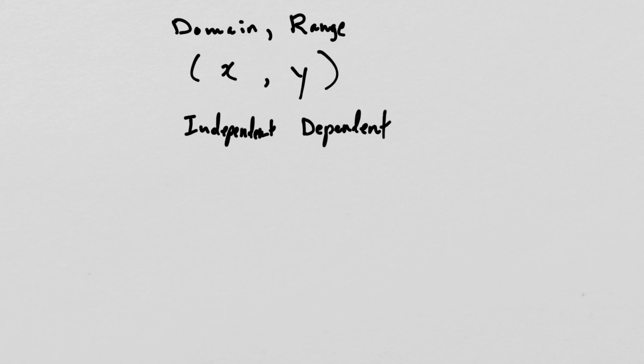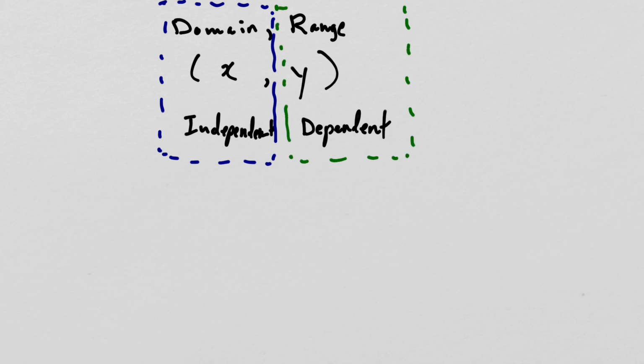Okay, I'm writing these all in order because everything in the blue all represent x values, domains, independence. They're all the same thing, same terminology. And everything in the green are your range, your y's, your dependent variables. Okay, all of these words are just different ways to express the exact same thing. The reason they're different words is because it depends on the context of how it's being used.